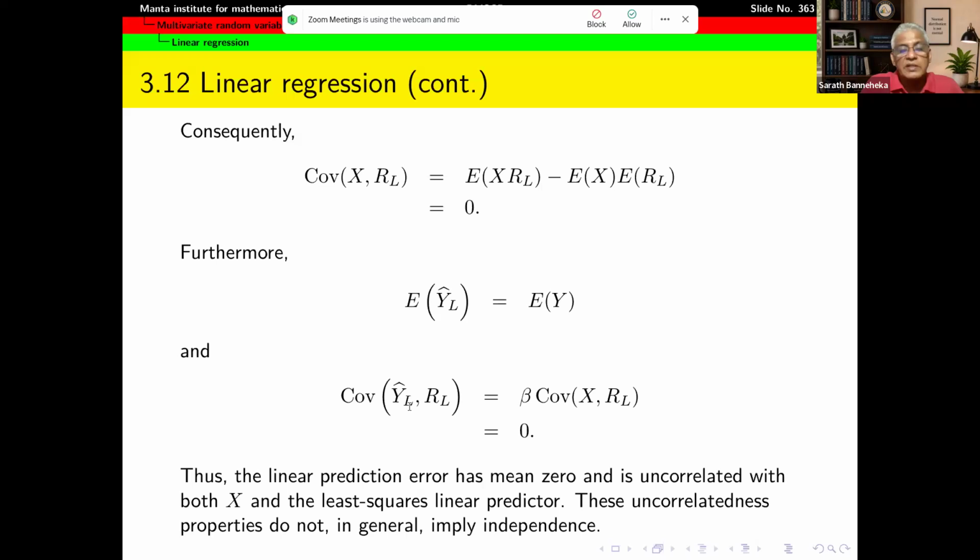Thus, the linear predictor error has mean 0 and it's uncorrelated with both x and the least squares linear predictor. These uncorrelatedness properties do not in general imply independence. Right. So that is an important thing. It doesn't say that X and RL are independent, or that Y hat and RL are independent. They just say they are uncorrelated.